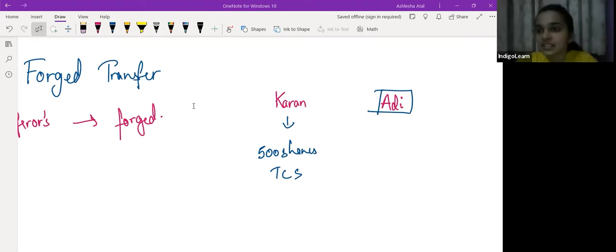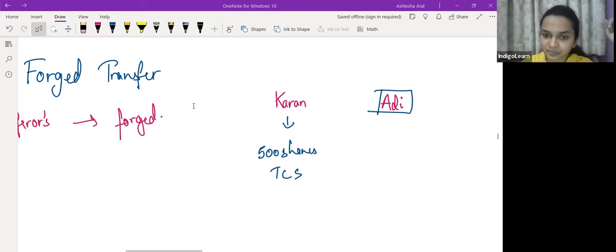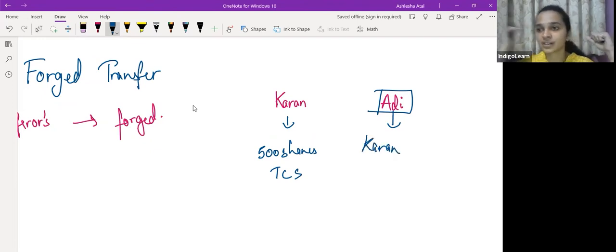Adi knows the formalities of share transfer. So Adi forges Karan's signature on the transfer document. Since Adi was a notorious kid in school time too, he practiced Karan's signature a lot, so he can do it very well. On the transfer document, Adi forges Karan's signature and submits that transfer document to the company.